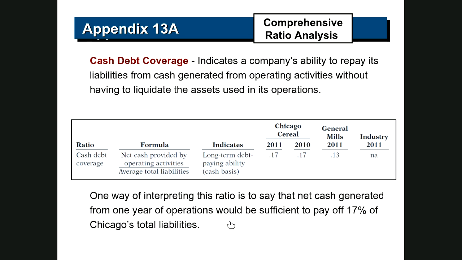And as you can imagine, the higher this number is, the more solvent you are, the more operating cash you have, right? There is a saying in the industry that cash is king, right? Cash is king. If you have cash, you can do anything with it, right? Whereas if it is invested in any other asset, you're limited until you sell it, right? You're limited in what you can do with it.